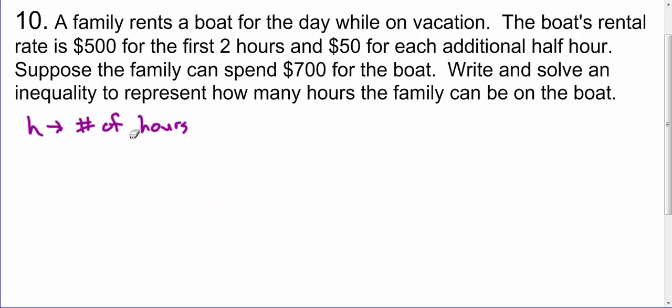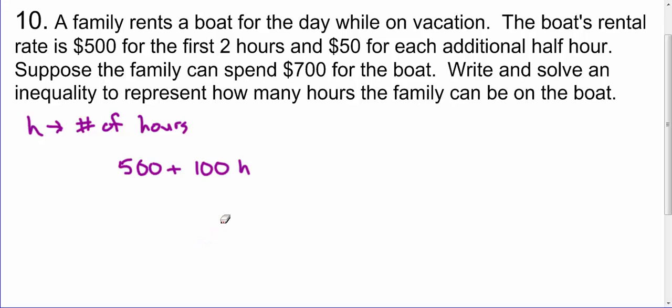So what we know is it's $500 for the first 2 hours plus $50 for each additional half hour. Now, since I've got h written in hours, I'm actually going to think of that $50 per half hour as being $100 per hour. So 100 times h.